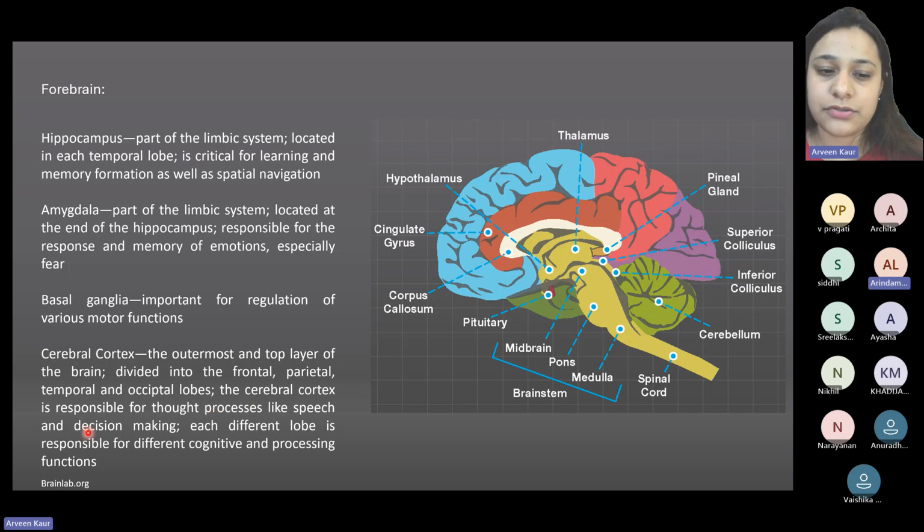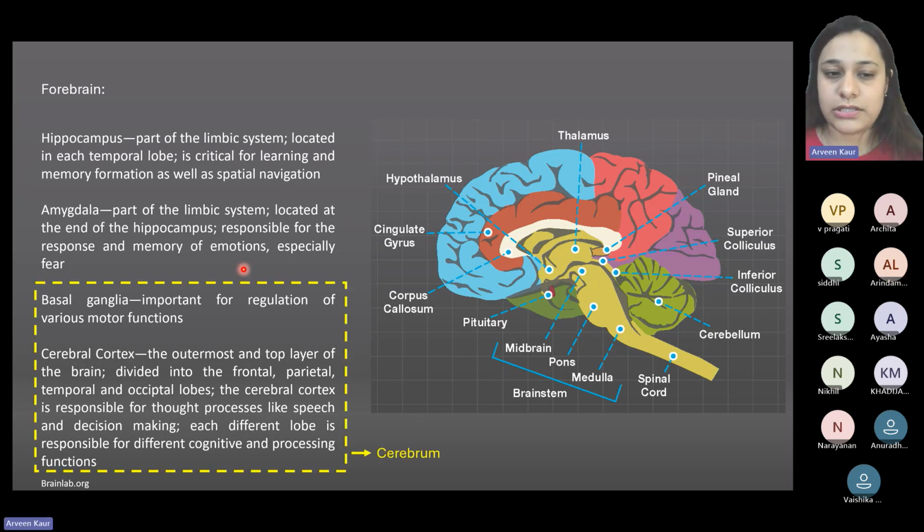The cerebral cortex is responsible for thought processes like speech and decision making, and each different lobe is responsible for different kind of cognitive processing and functions, right? Also, both the cerebral cortex and basal ganglia are together known as cerebrum, right?